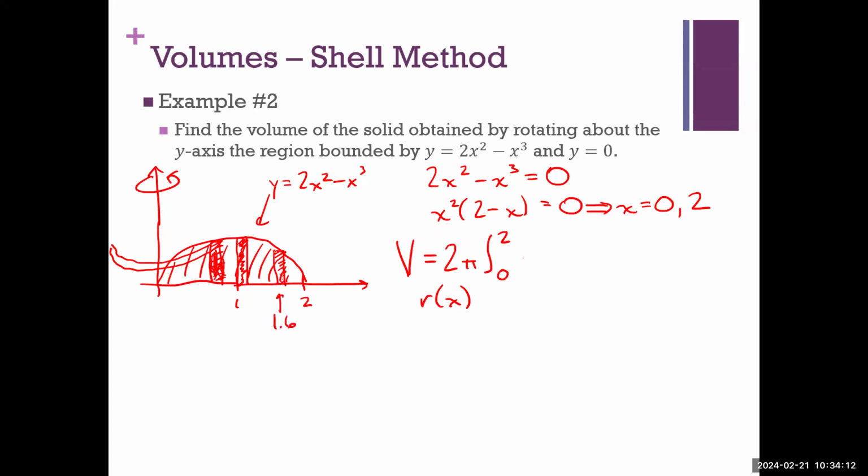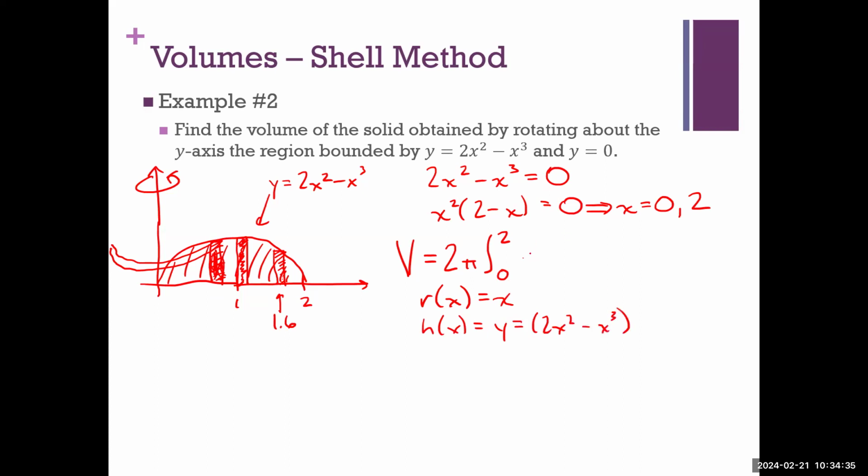What's the radius of that cylinder going to be? I think radius is simply x again. How about the height? What's that going to be? 2x squared. That's going to be the y we started with. So 2x squared minus x cubed.